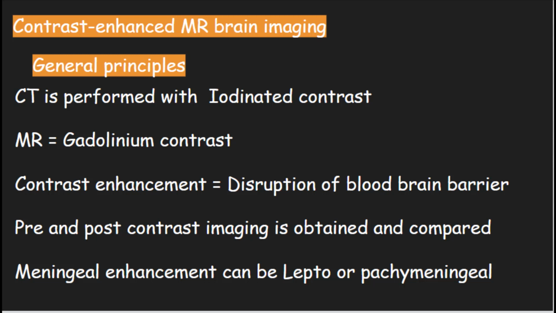You should always obtain images before contrast administration so you can compare. Otherwise, if you don't know the baseline intensities of the region, you can't really tell if you're looking at hyperintensities. In terms of how we use it, contrast-enhanced MRI imaging is used to assess meningeal enhancements, which can be leptomeningeal or pachymeningeal.